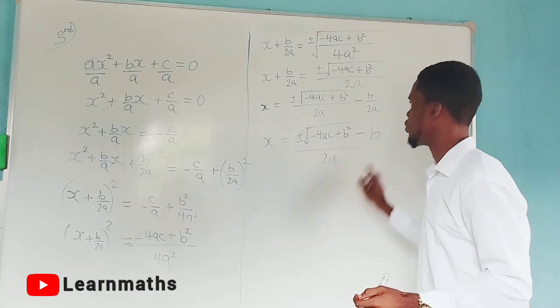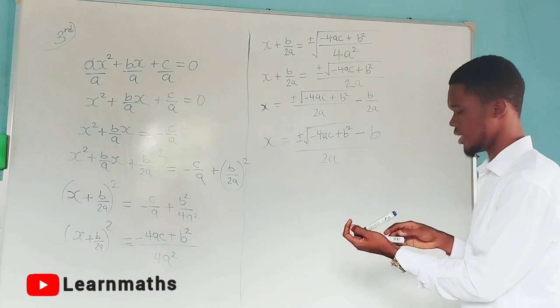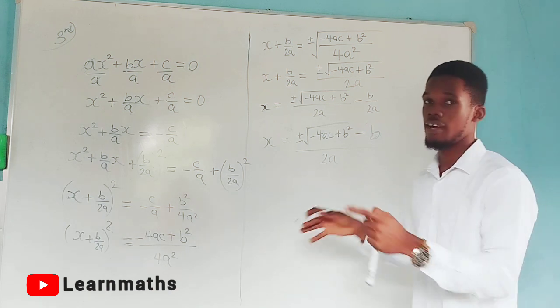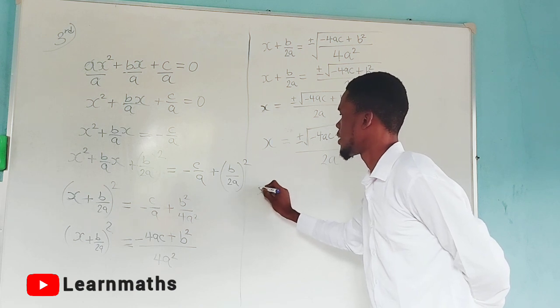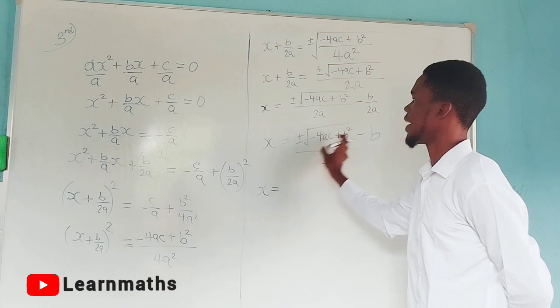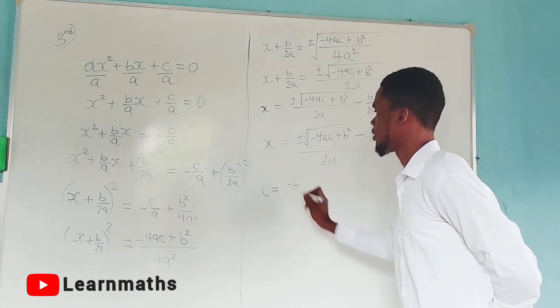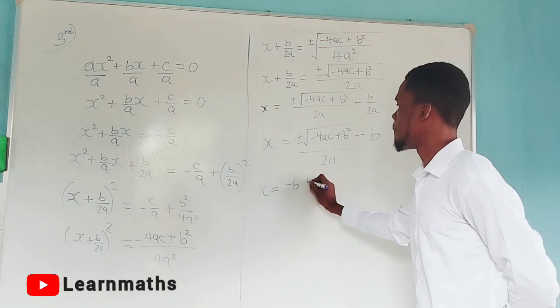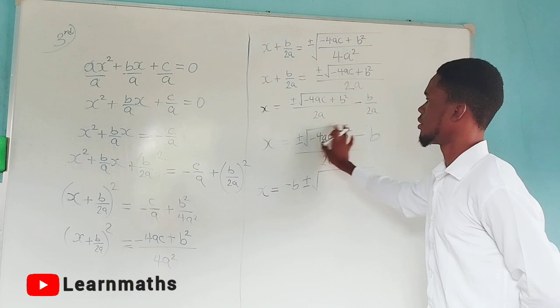So this would be our final answer, but let's rearrange it to be in the general form of the formula. So we're going to have x equal to, I'm going to send the negative b to the front of the square root sign. So we're going to have negative b plus or minus the square root of these terms.